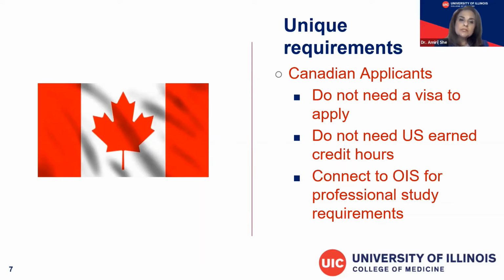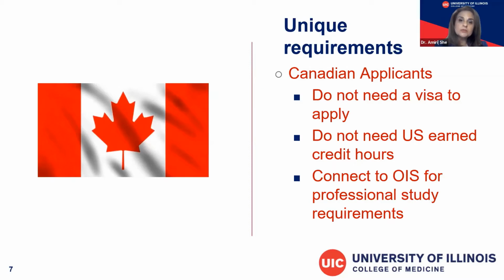Also, one of the requirements that we do have for our non-domestic applicants is at least 32 credit hours completed at a US degree granting institution. Because the AAMC, the AMCAS application, evaluates Canadian transcripts similarly to US granted transcripts in terms of submitting the degree, giving us the credit hours, providing evaluations to us, we would not need to see US earned credit hours from individuals who are Canadian studying in Canada, and even if you're non-Canadian studying in Canada.